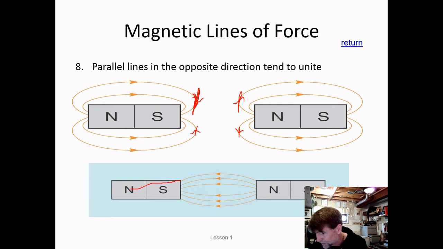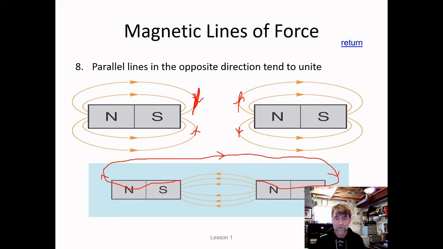It carries on through here, and it goes all the way up and around here, and it comes in here, and comes back to there, and there is one complete loop. Okay, this arrow shows the lines of flux traveling from north over here, externally all the way around to south over here. That's a single line of flux, and we can see that they have united. So instead of two separate loops, one around each independent magnet, we have one loop through both magnets.